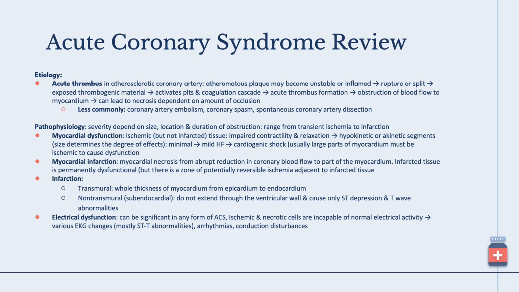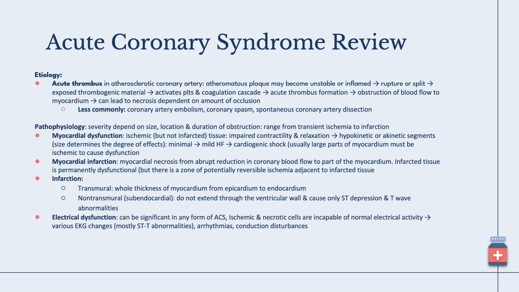So acute coronary syndrome, etiology: acute thrombus in our coronary arteries that have significant plaque buildup. That plaque may become unstable or inflamed. It could rupture and split, and this is going to lead to exposure where the platelets are going to want to form a thrombus to heal that ruptured vessel.